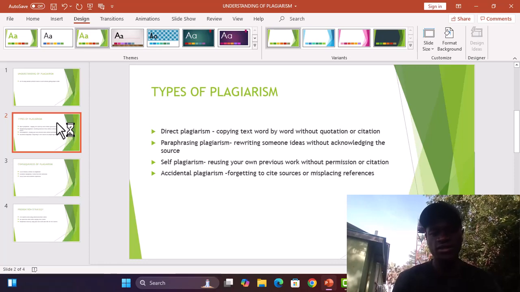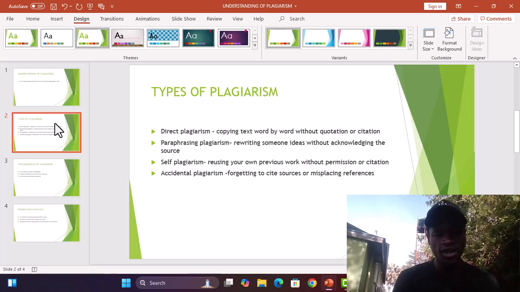This is when you have extracted information from a given source, and at the end you don't cite or quote the exact words of that person. You take it as your own. You just copy text word by word without changing or editing anything. That is direct plagiarism.